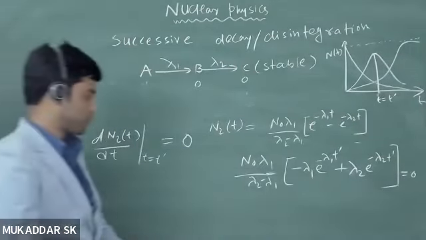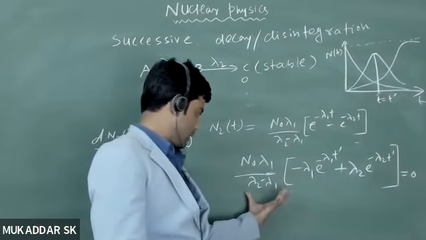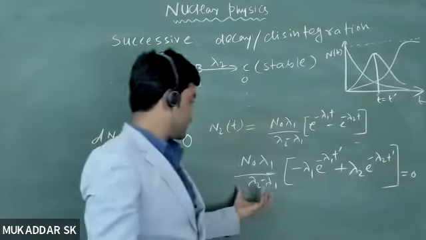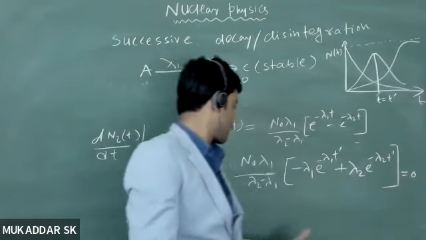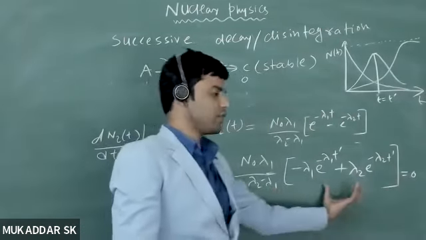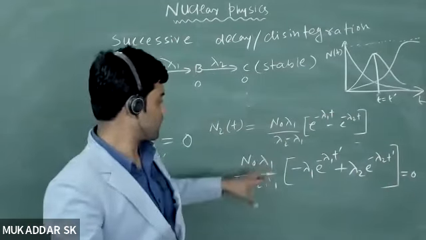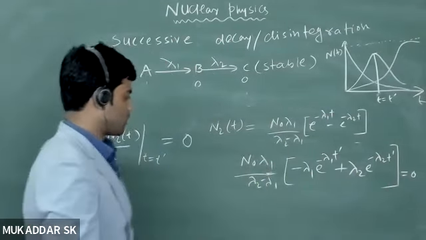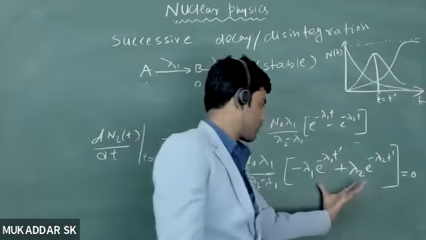Now you have two factors, A into B. A into B will be 0 if either A is 0 or B is 0. But this factor is not 0, right? Because all are non-zero quantities here. So obviously this factor will be 0.